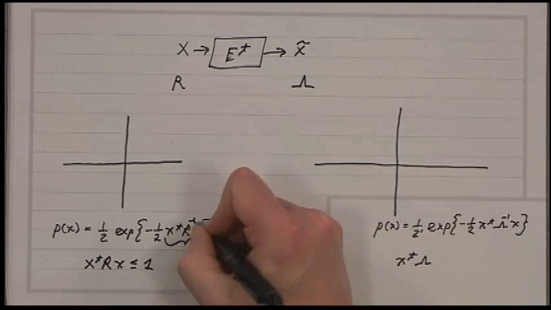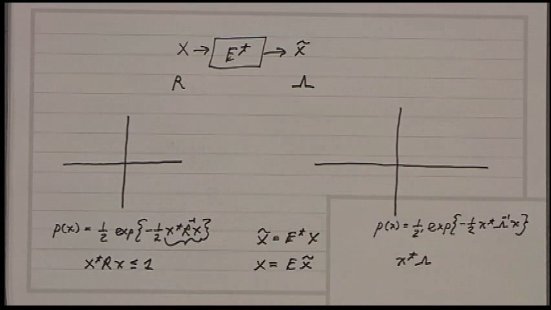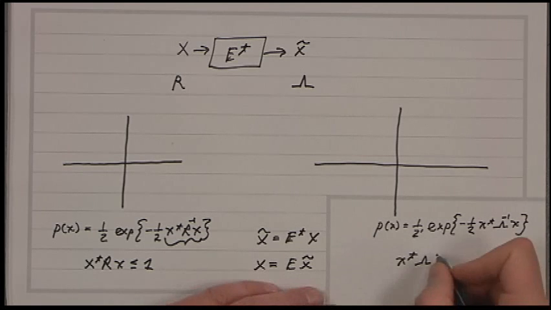Oh, I'm sorry, this is an inverse. I left the inverses out. That was bad. Okay. So x tilde transpose lambda inverse x tilde is less than or equal to 1.